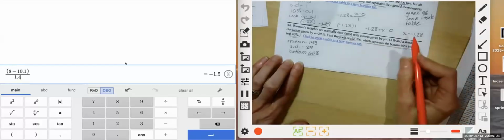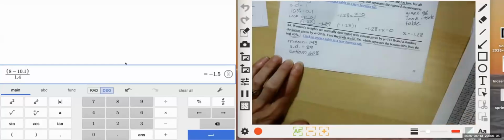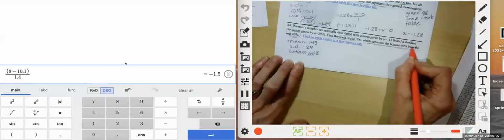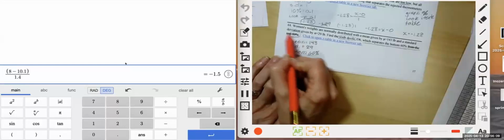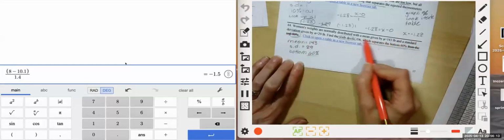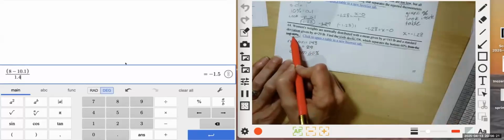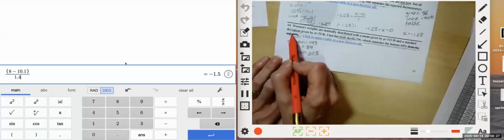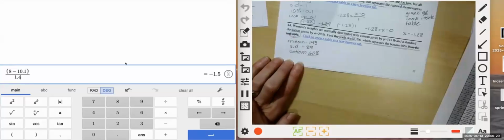We could do it from the top 40 and then subtract from 100%. But since it's telling us which separates the bottom 60%, let's just use the bottom 60%. If we did the 40%, that's going to give us the top, and we'd have to subtract it from 1 anyways, which gives us an extra step.